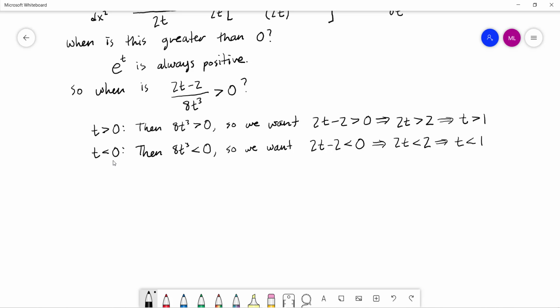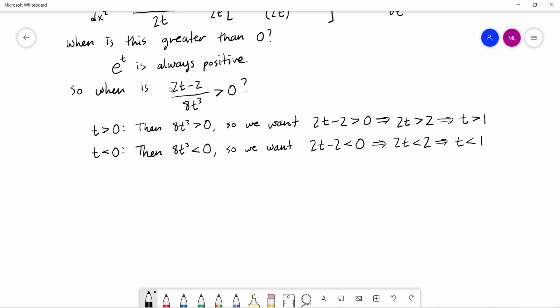But we can also check what happens if we pick a number like negative 1. Negative 1 certainly satisfies t being less than 0, and negative 1 also satisfies t being less than 1. So let's plug that in. Do we get a contradiction there? It doesn't look like we're going to, so let's verify.